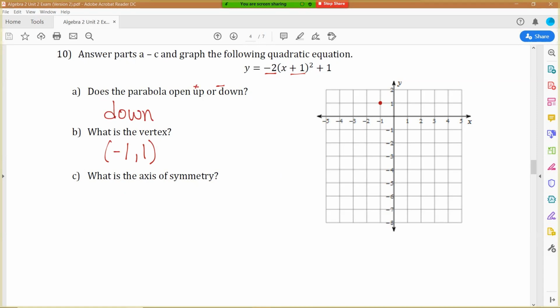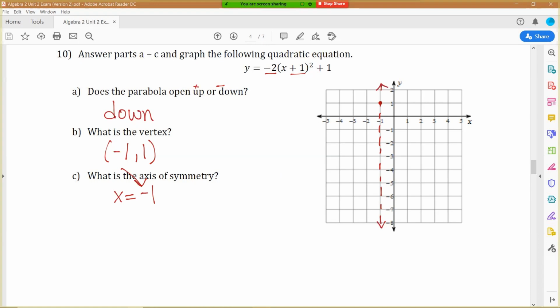So start at the origin, go left 1, and then up 1. Then I ask for my axis of symmetry. Your axis of symmetry is x equals, bring down the x coordinate of your vertex, so -1. So that's our imaginary line that we can reflect over when we graph this.